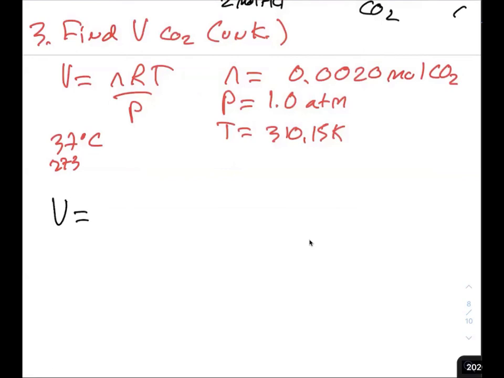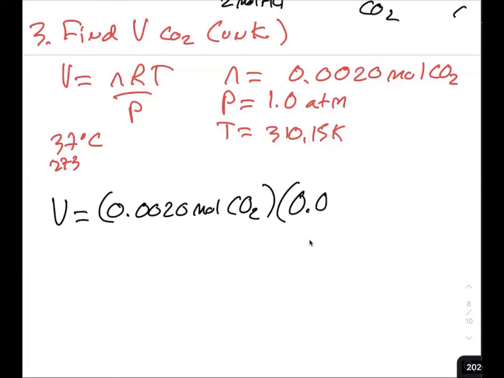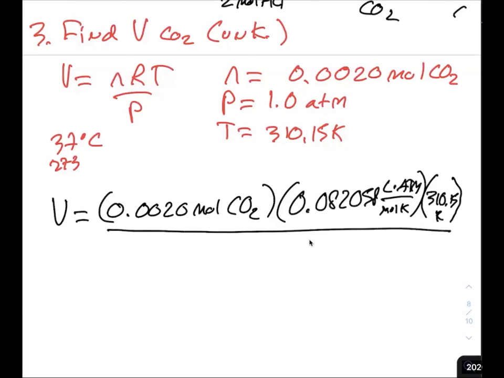So V is equal to nRT over P. n is 0.0020 moles of CO2. R, the gas constant, is 0.082058 liters times atmospheres over moles times Kelvin, and the temperature is 310.15 Kelvin, divided by a pressure of 1.0 atmospheres.